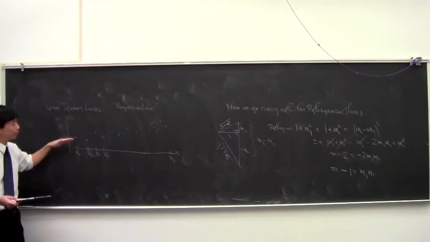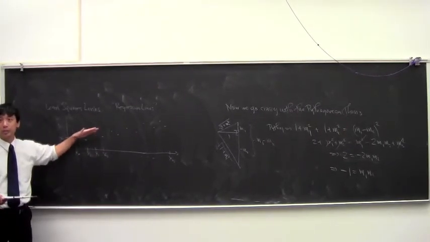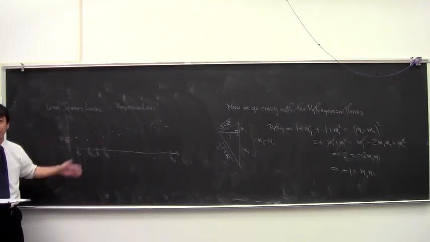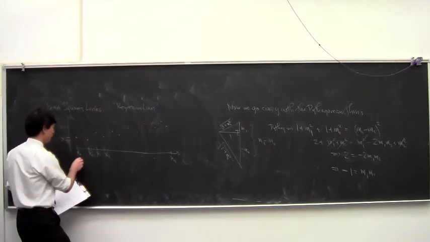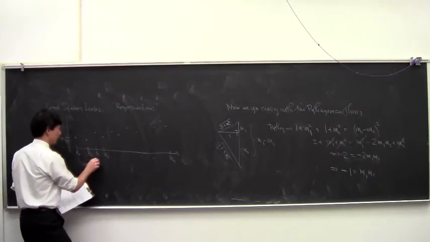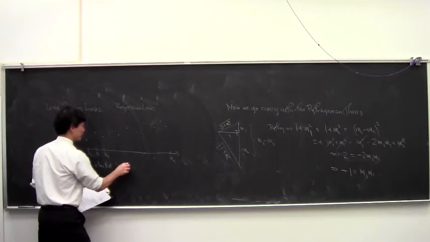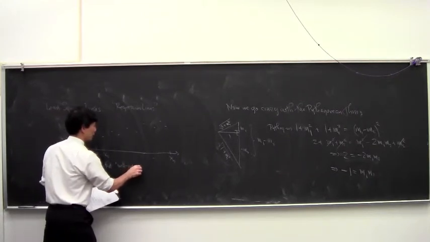You have a bunch of points, and the progression is vaguely linear, and you'd like to have a line that approximates the points.